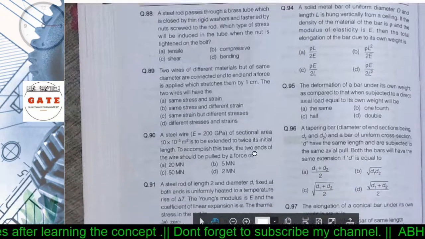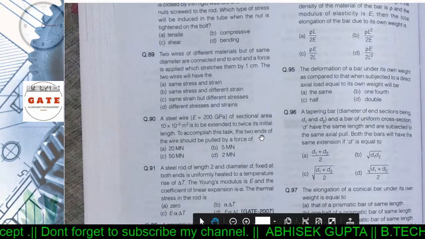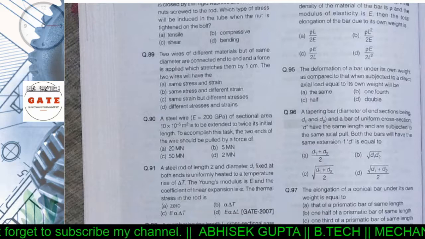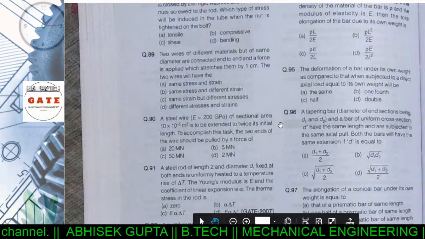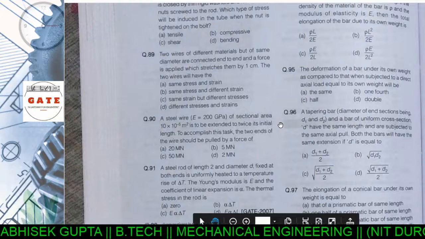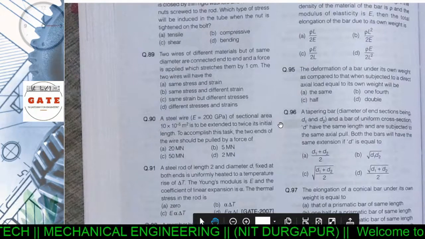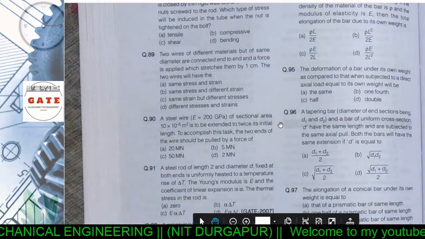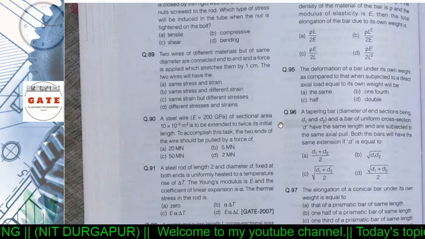Now the next question, question number 89. Two wires of different material but of the same diameter are connected end to end and a force is applied, which stretches them by 1 centimeter. The two wires will have... So they are of different material but of the same diameter.